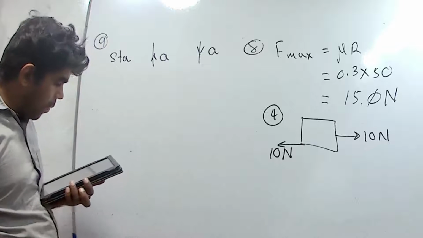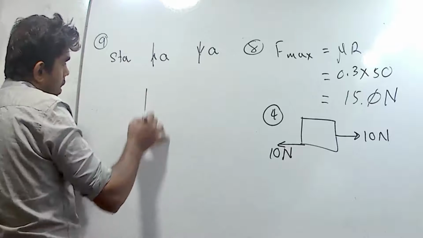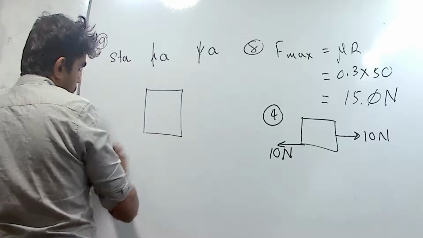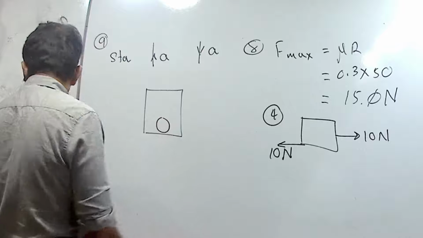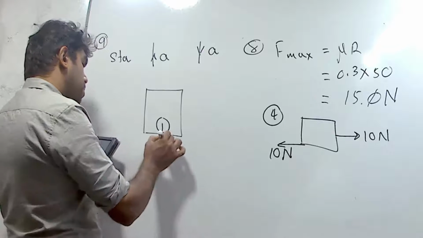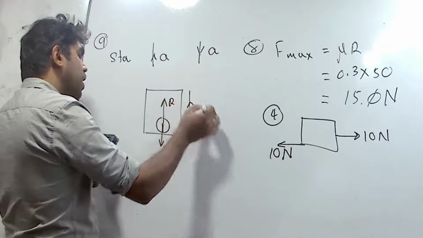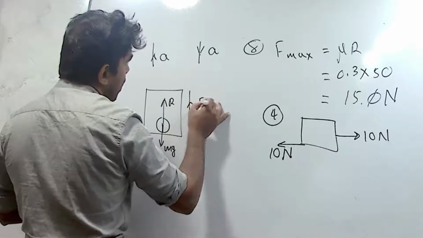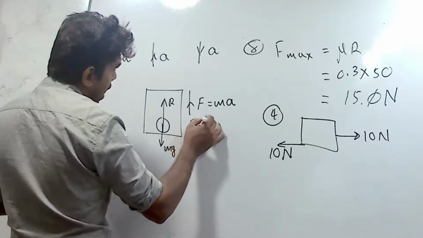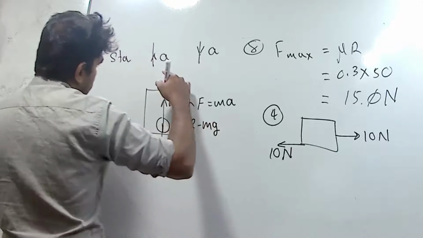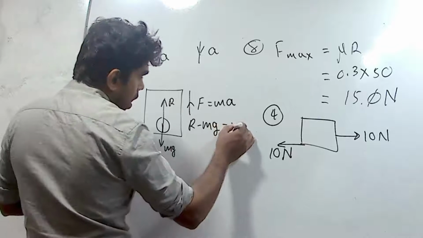When accelerating in the upward direction, I will consider an object which is in an elevator. Weight is mg, reaction is R. When accelerating upward, we use F equals ma in the upward direction. Resultant force is R minus mg, where R is the upward force and mg is the downward force, equals ma.